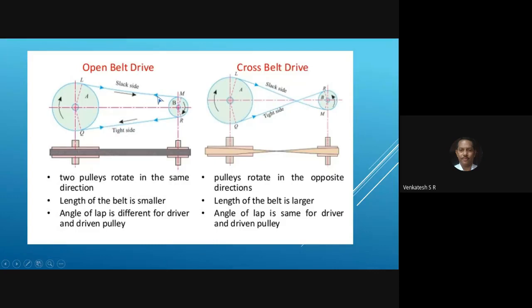Change the slack side arrow mark to the same direction. You will get the direction of rotation in the clockwise direction only. Again, change the direction of rotation here also. Then the pulley rotates in this direction.